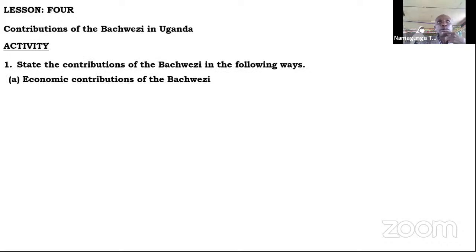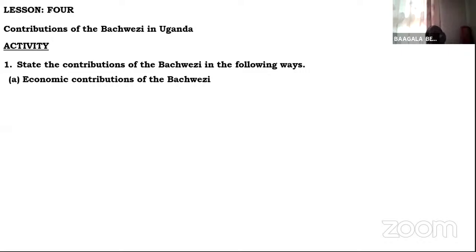Bagala, read for us the question. The first one, 1A. State the contribution of the Bachwezi in the following ways. The first word you didn't pronounce well. Economic contributions. Can you read it again?